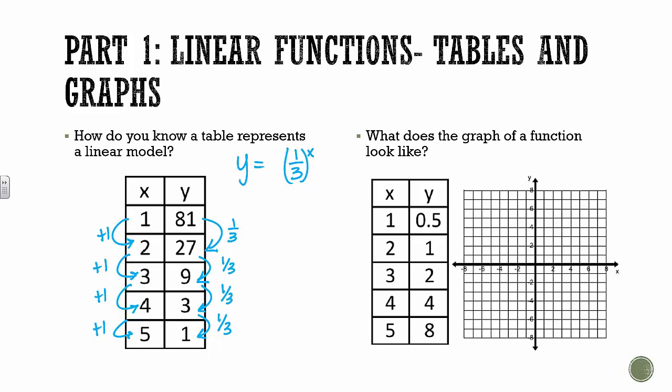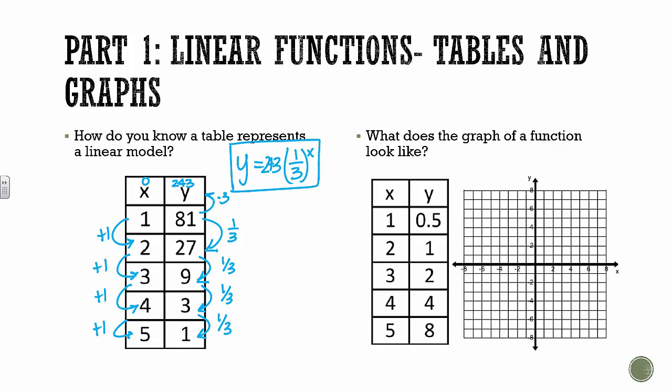Now remember, we need the y-intercept, so we got to go backwards to find that. So instead of multiplying by 1/3, we're going to divide by 1/3, which remember is the same thing as multiplying by 3. So if you type in 81 times 3, you get 243, and that would be our a value.